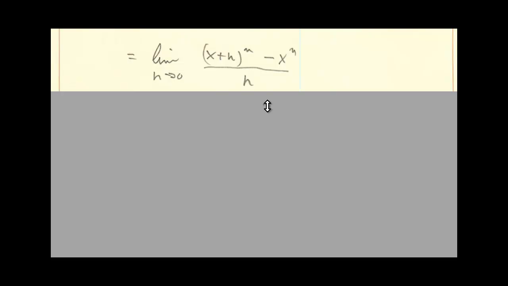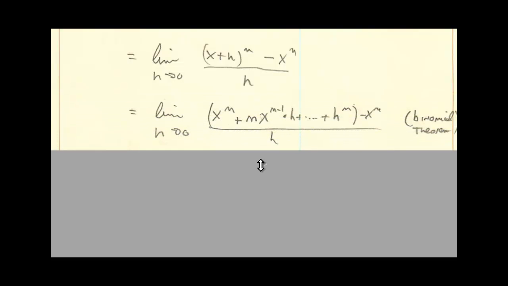But essentially, when you expand a binomial to an integer power, you get a pattern of coefficients that are related to Pascal's triangle. And when you expand that, the first term will be x to the n. The next term in the nth power expansion of this binomial will be n x to the n minus 1 times h, and then a bunch of other terms.